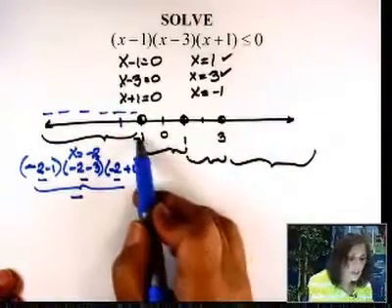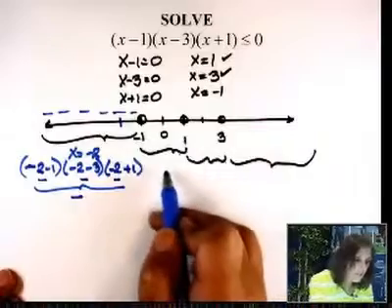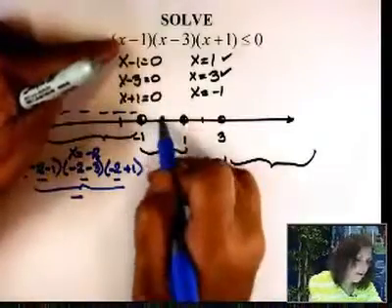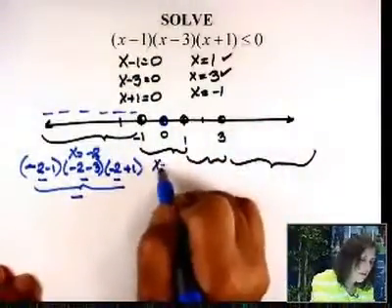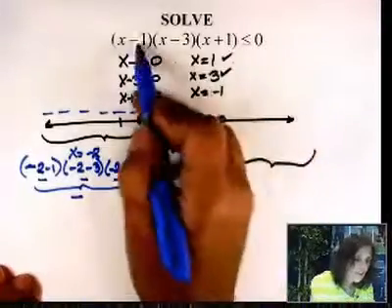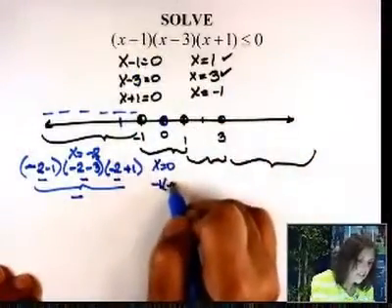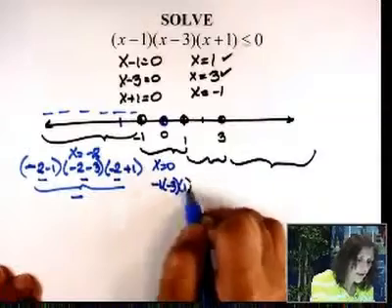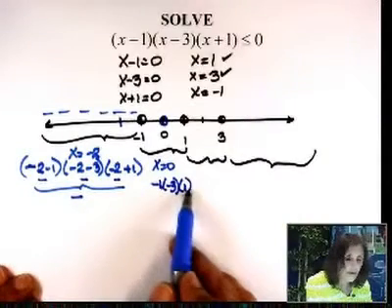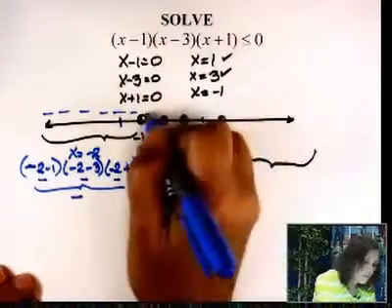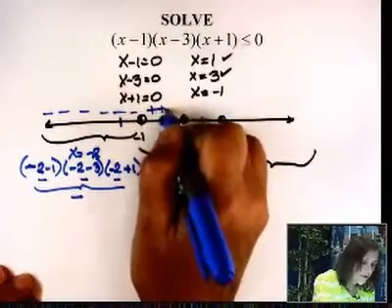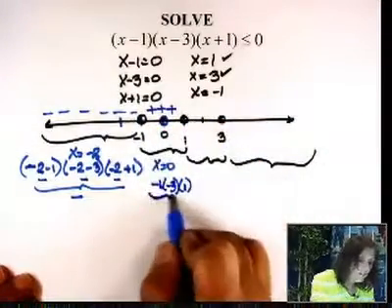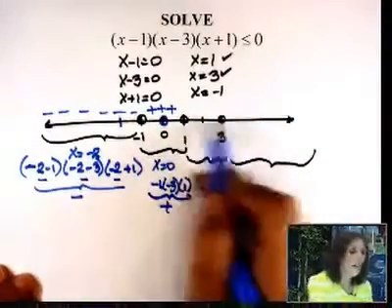Now let's pick between -1 and 1. That means pick x equals 0. And that's going to give me -1 times -3 times 1. That will give me negative, a positive. So it's going to be positive here. Do you see it? How about 1 to 3?